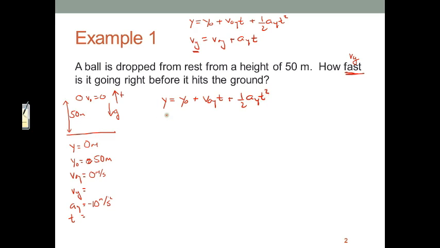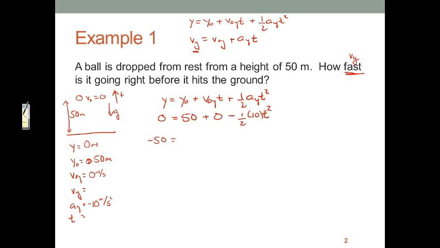Okay. So y is 0. Y0 is 50. Just plugging in directly from my list. V0 is 0. A sub y is a negative 10, so I'm going to move the negative sign out in front. So I have negative 1/2 times 10 times t squared. I'm going to simplify now. The first thing I'm going to do is move the 50 to the other side. That makes it negative 50.